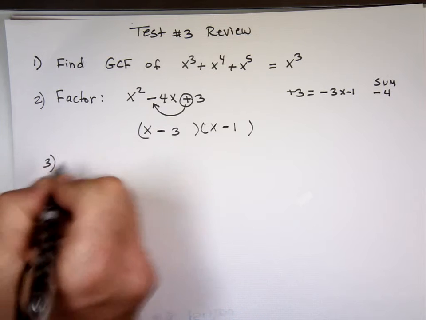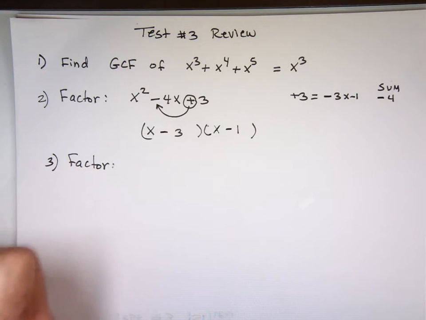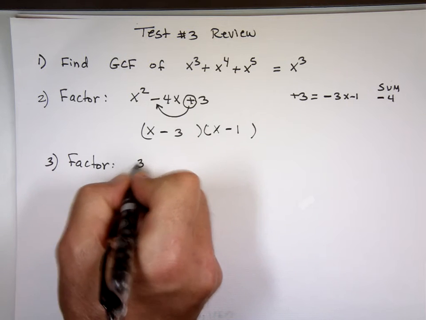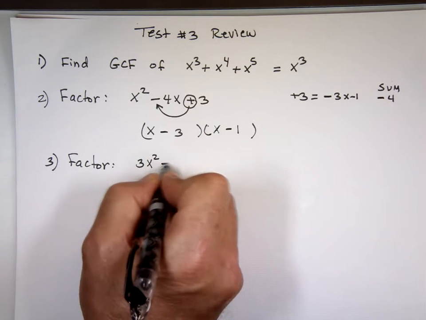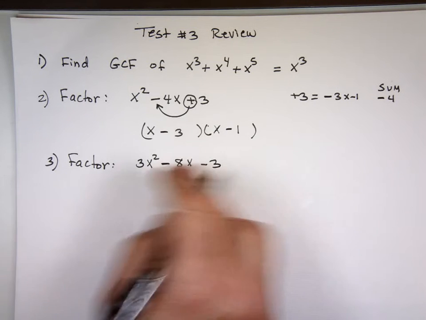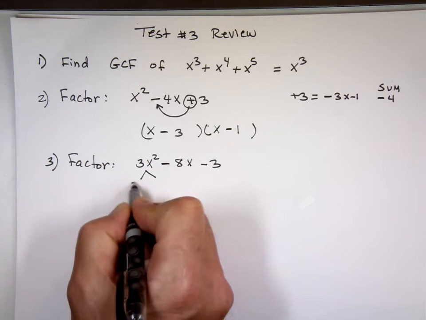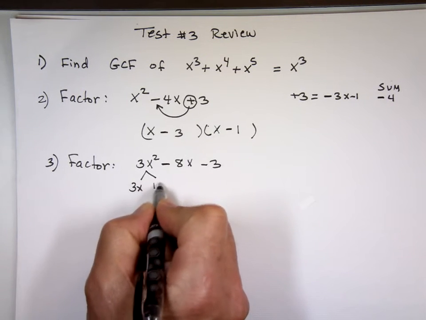Question 3, factor 3x squared minus 8x minus 3. There is nothing in common there. There is no greatest common factor. So I have to use the trial and error method. 3x squared is 3x times 1x.